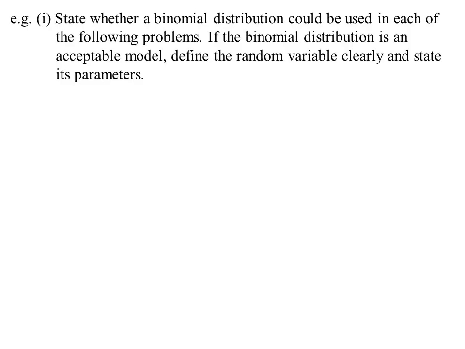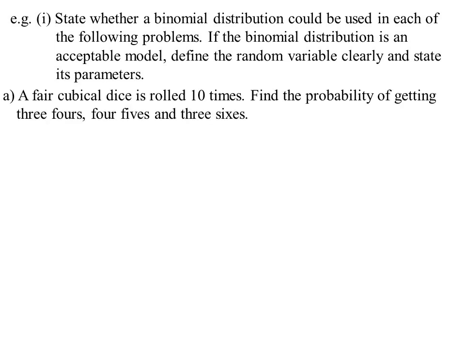So we're going to have a look at some different situations and work out, could this be a binomial distribution? Could we use a binomial distribution for this? And if it is, then we'll define the variable and state the different parameters that we want. So here's the first one. We've got a normal dice. We're going to roll it 10 times.